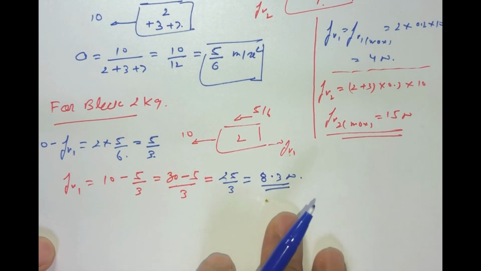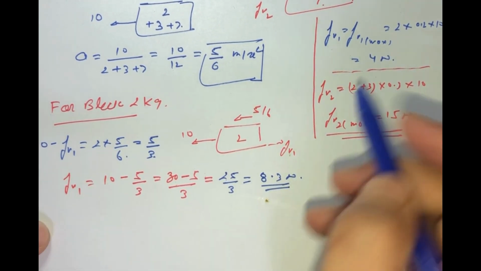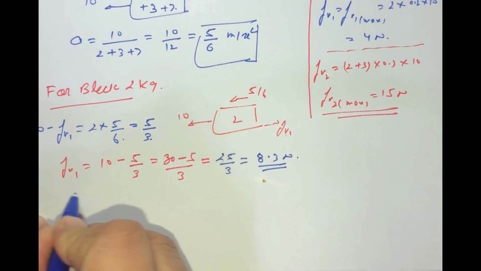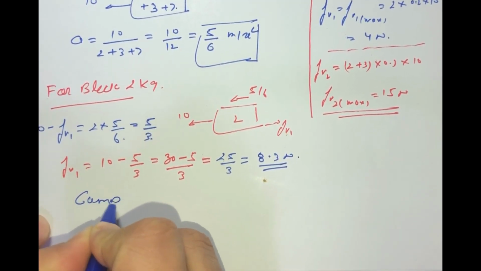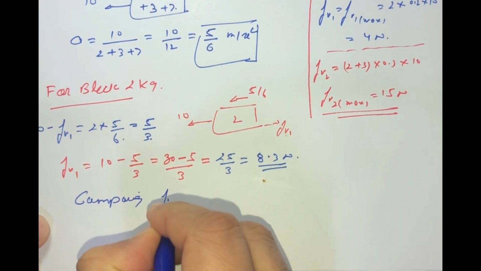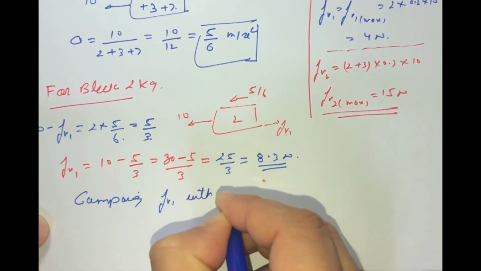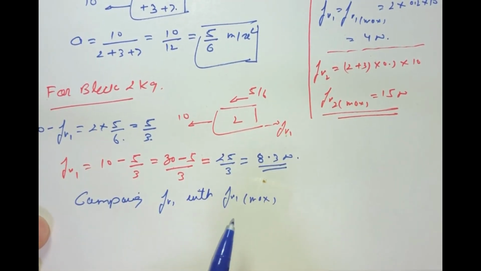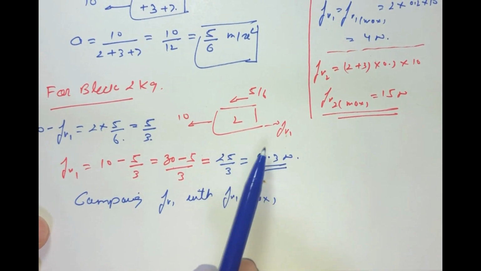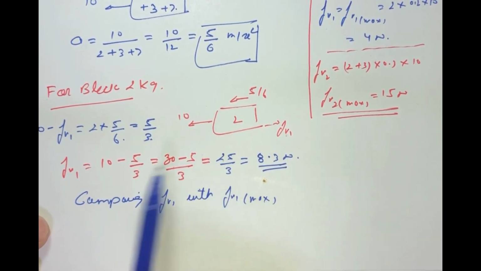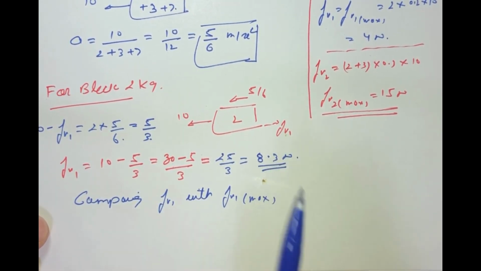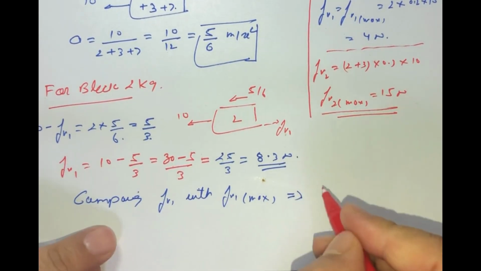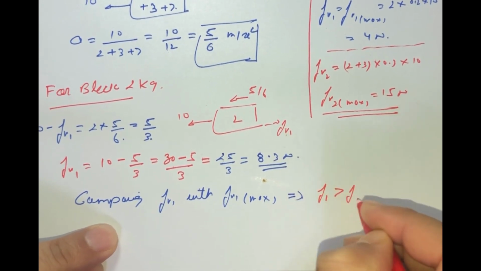Okay, so if you make a comparison between Fr1 and Fr1 max, because the maximum available friction is 4 Newton, whereas for this acceleration the value of friction is coming as 8.3, we can clearly say that our Fr1 is greater than Fr1 max.